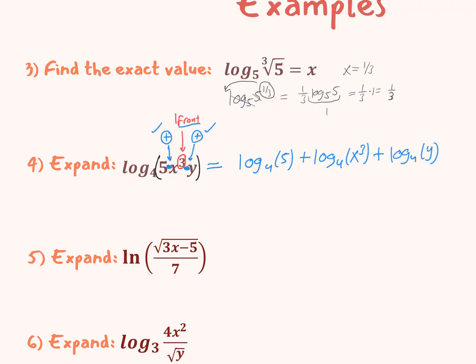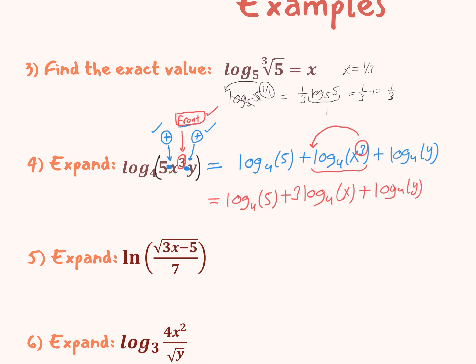The last thing we know for sure that we need in our final answer is a number in front, right? And notice that the exponent is over this x, so it's going to go in front of this log, right? Just this one. This is the only one that has the exponent. So that means my final answer is going to be log with a base of 4 of 5 plus 3 times log base 4 of x plus a log base 4 of y, right?